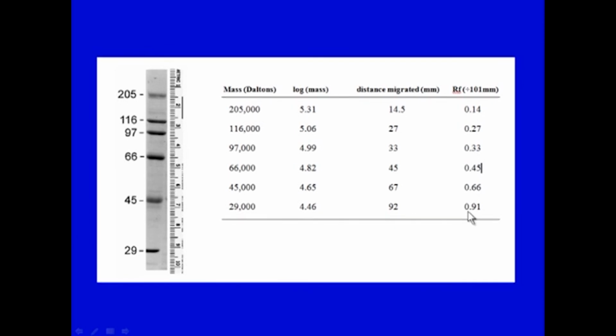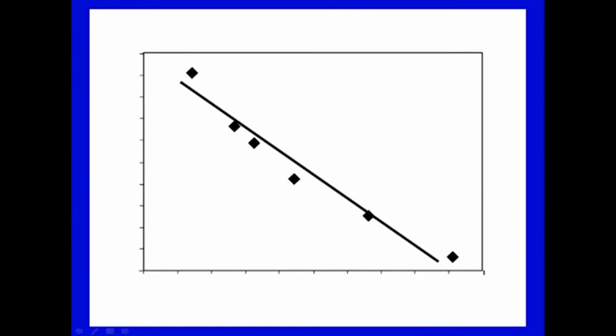So, the RF value can be calculated by dividing by the total gel length, and then you can plot log molecular mass against the RF value, and this standard curve can provide you the size of the unknown sample. So, this is how, very easily, approximate molecular mass can be calculated here.